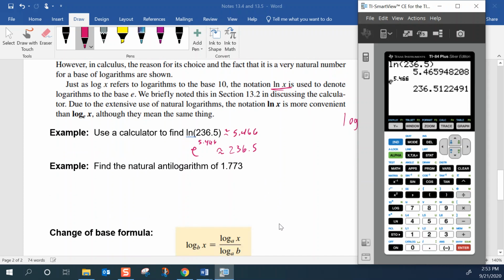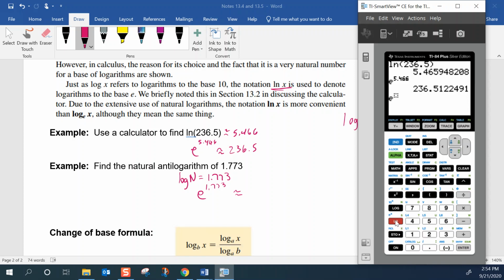Okay, then just as we can find a logarithm, we find an antilogarithm. The natural antilogarithm means that the log of something is equal to 1.773. So antilogarithm means we're given the power, find e to that power. So we take e to the power of 1.773, and that will give us our n.